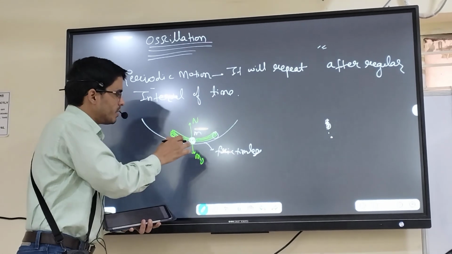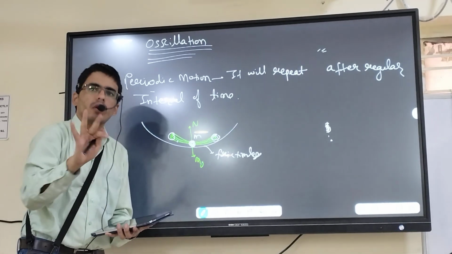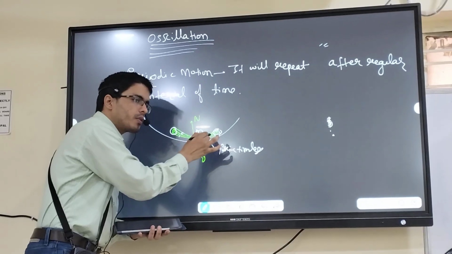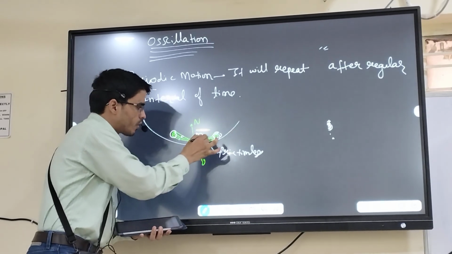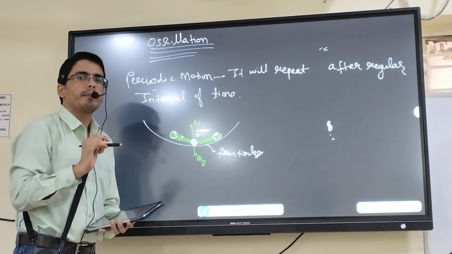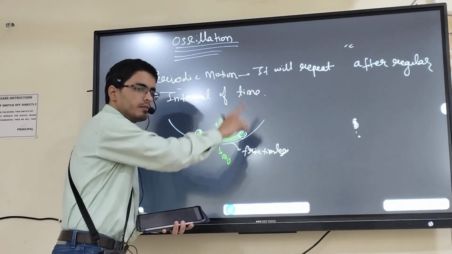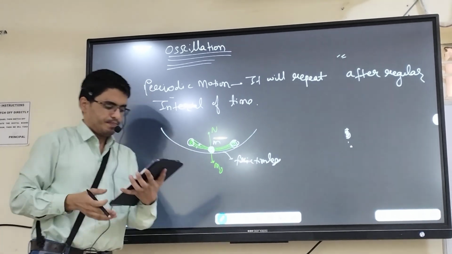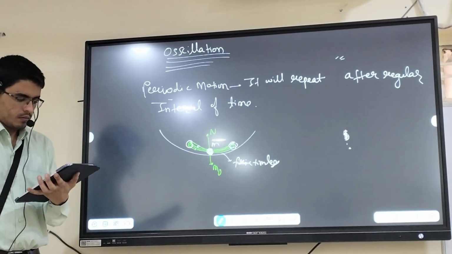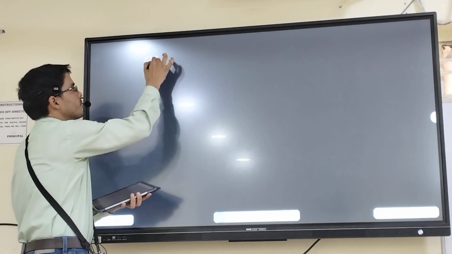Initially it will go up to this point, but due to friction some energy will be lost, so the movement will slow down and it will stop after some time. But if friction is not present, it will always oscillate. Any doubt here? No. Next, oscillatory motion.